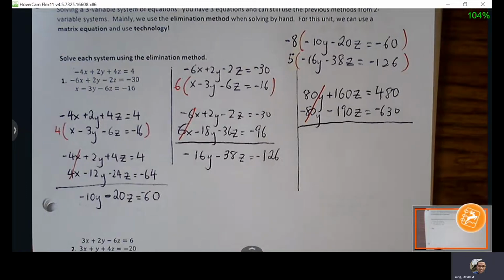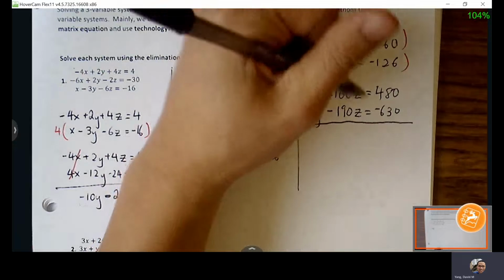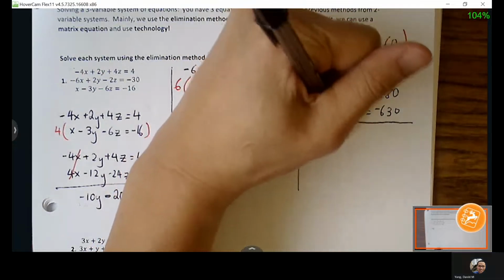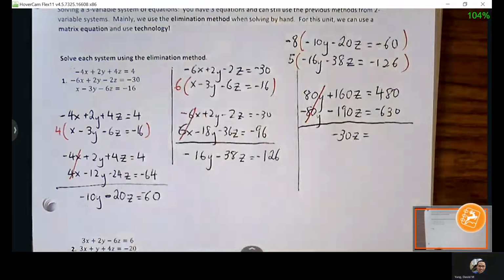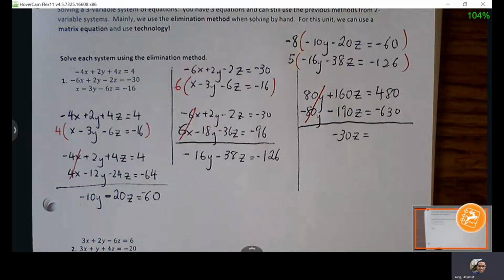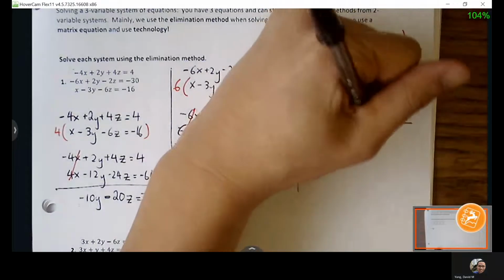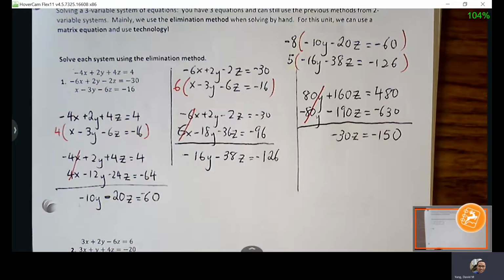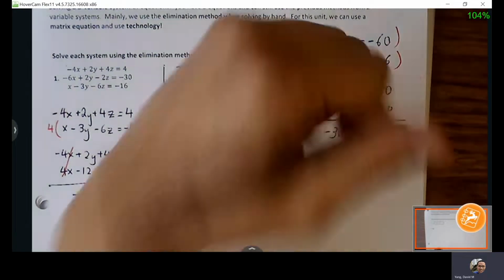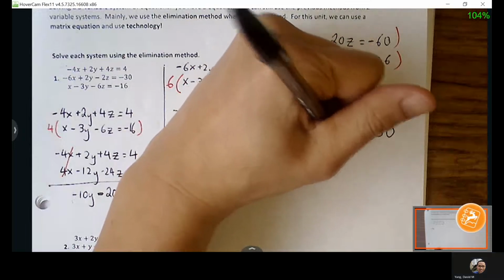But I'm just trying to get to that one variable. Looks like I'm going to target the z's here because the y's can go away. Divide both sides by -30, so z equals 5.